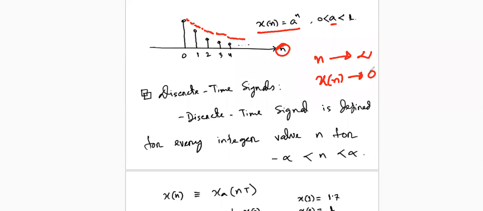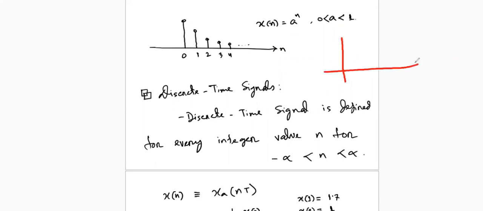So that is an exponentially decaying signal. It can also grow exponentially if a is more than 1; in that case it will rise like this to very high values. This is an example of an unstable system, and the decaying one is an example of a stable system. We'll talk about the stability of systems in future classes.